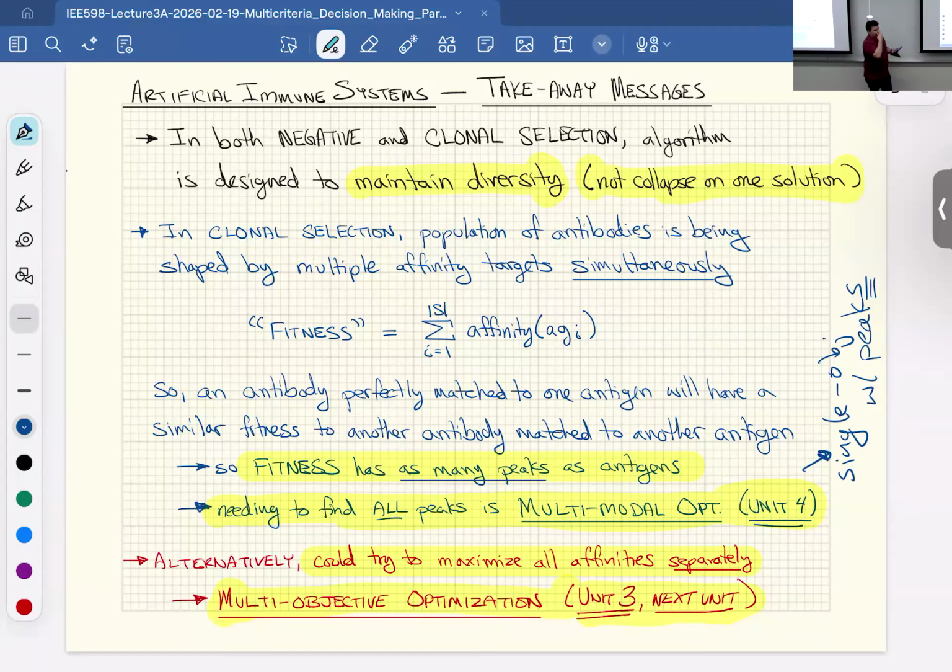What multi-objective is more like is if you have multiple people. I'm shopping for a car for the family, and one member of the family has a certain set of preferences, and another member has another set of preferences. In that case, it's actually impossible to make both of them happy simultaneously.